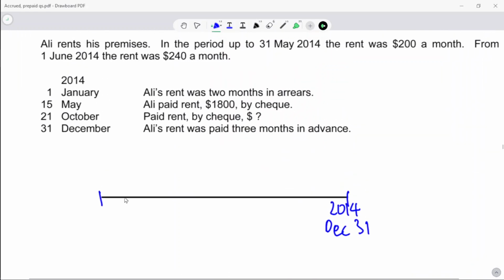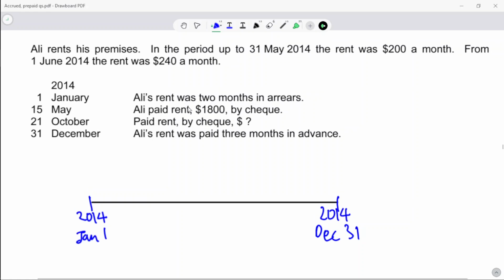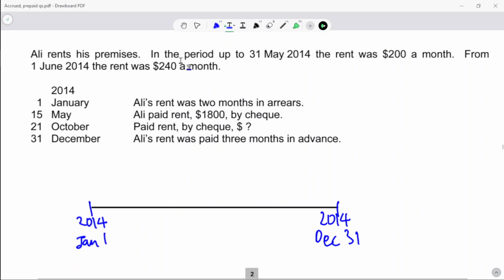So the start of the year will be 2014 January 1. Then this one is a bit special. So the rent was 200 per month up to 31 May. So I will like to use this. Let me use May 31.